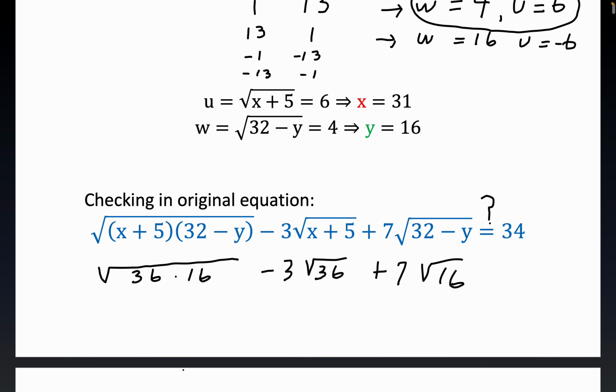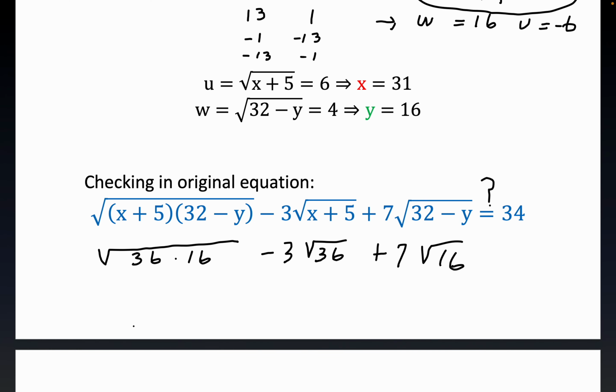So let's see what happens here. The properties of radicals give us 6 times 4, so that'd be 24. 24 minus 3 times 6, well, that's minus 18. And then plus 7 times 4, which is 28.